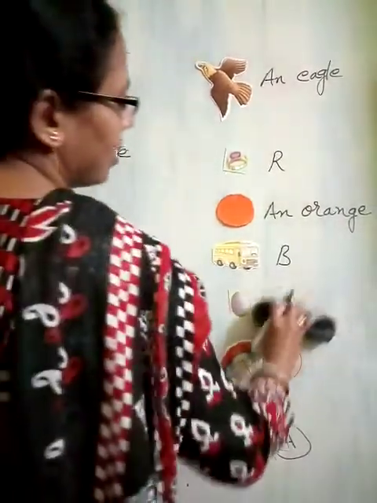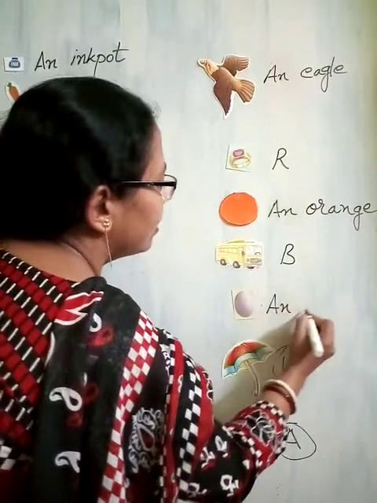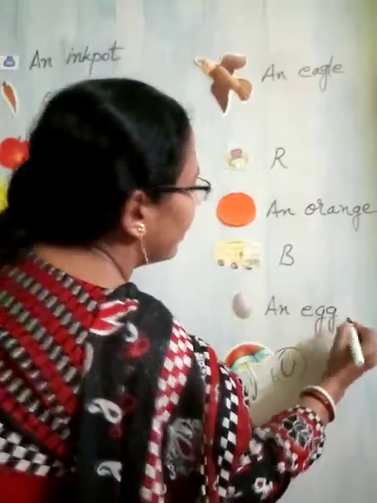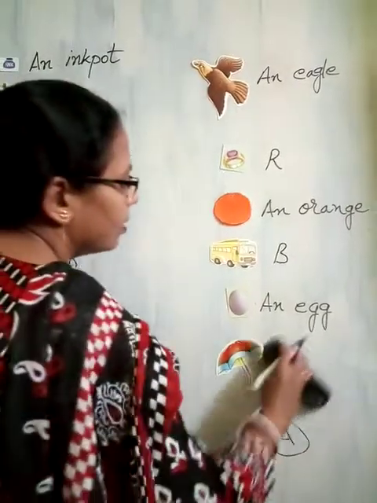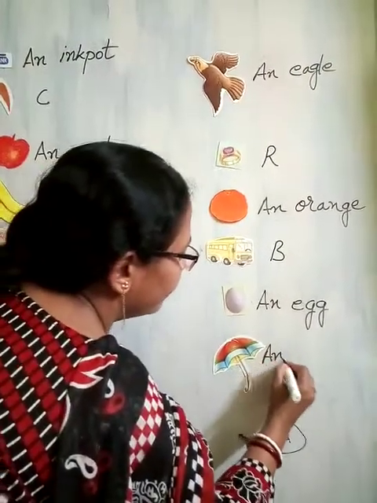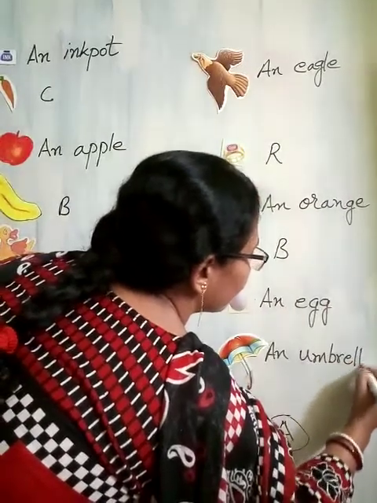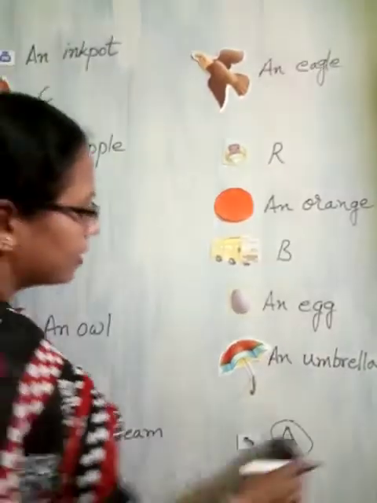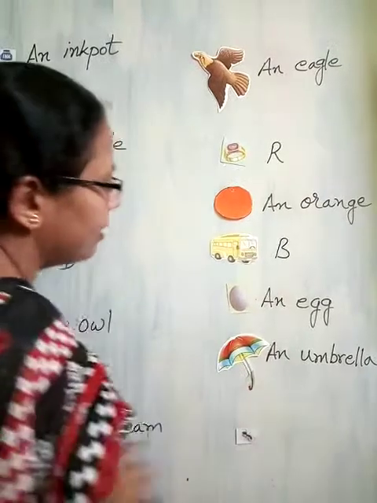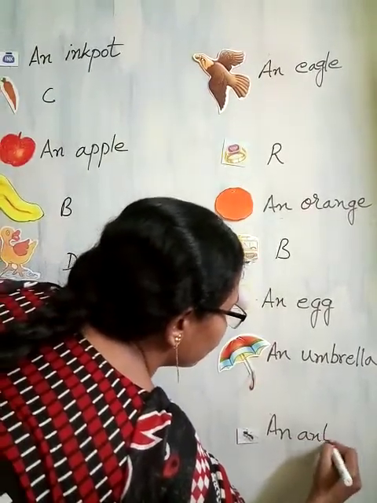Again, E is a vowel sound word, we will write an egg. Next is an umbrella. Next is an ant.